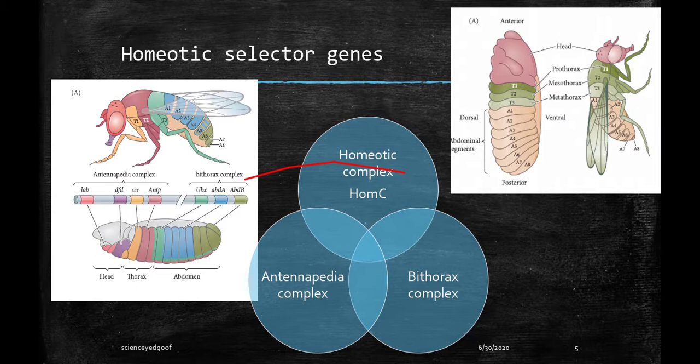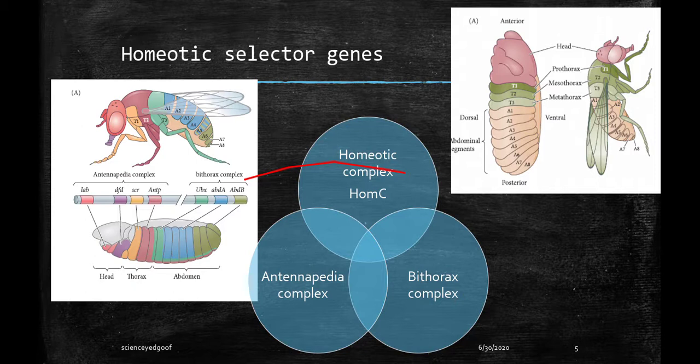Just remember that homeotic genes encode transcription factors, which give rise to proteins important for development, and the main function of these genes is body patterning.